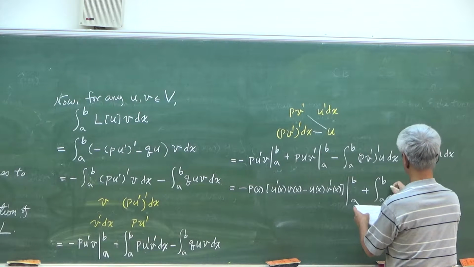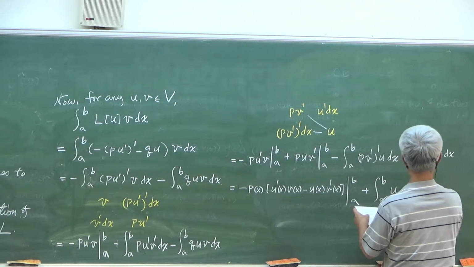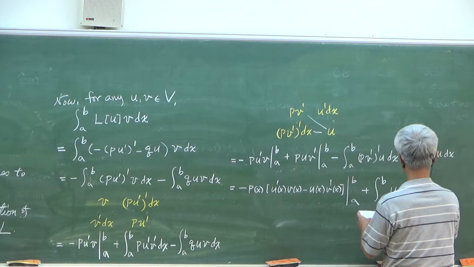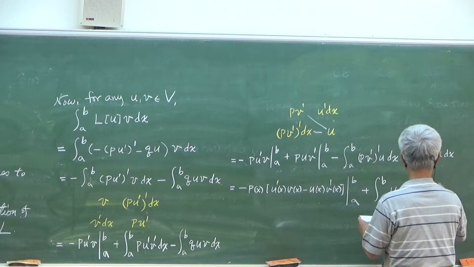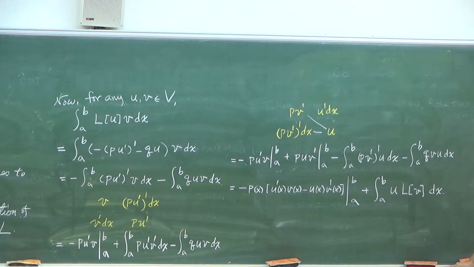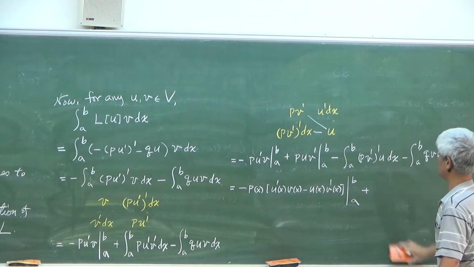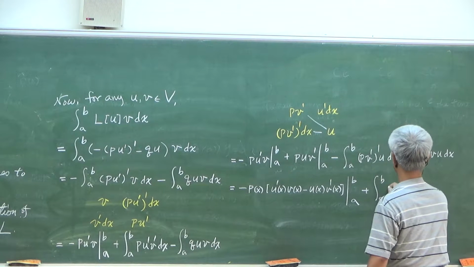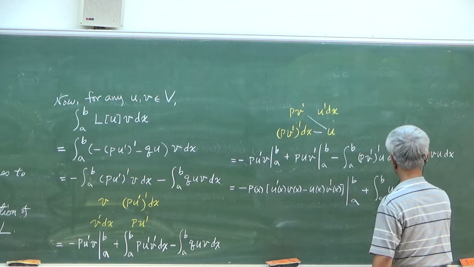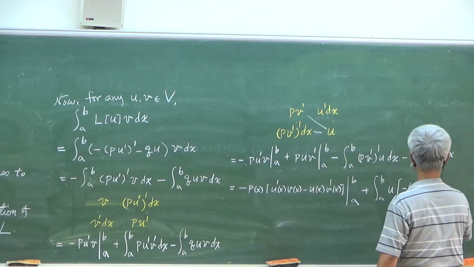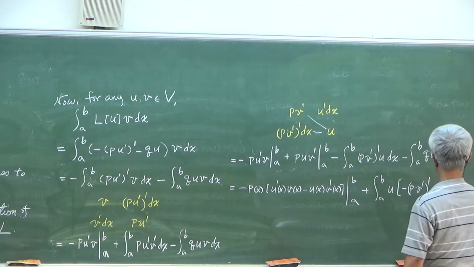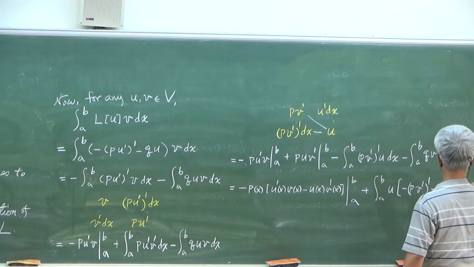So we have U here, and L with dx. We combine this together, or we just break down. U here and minus P minus Q here.